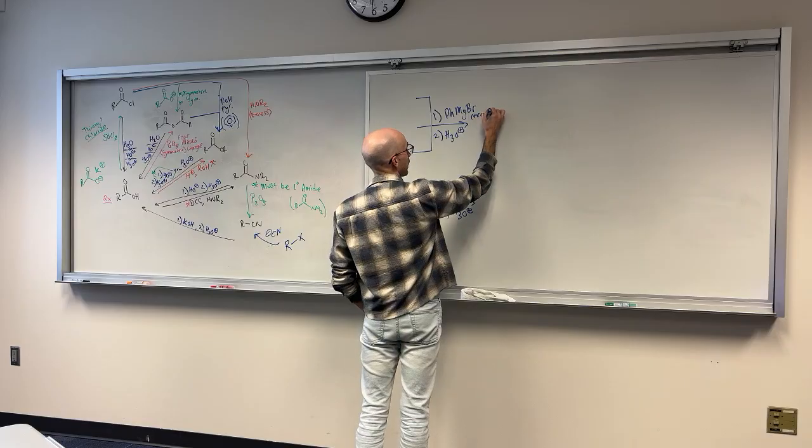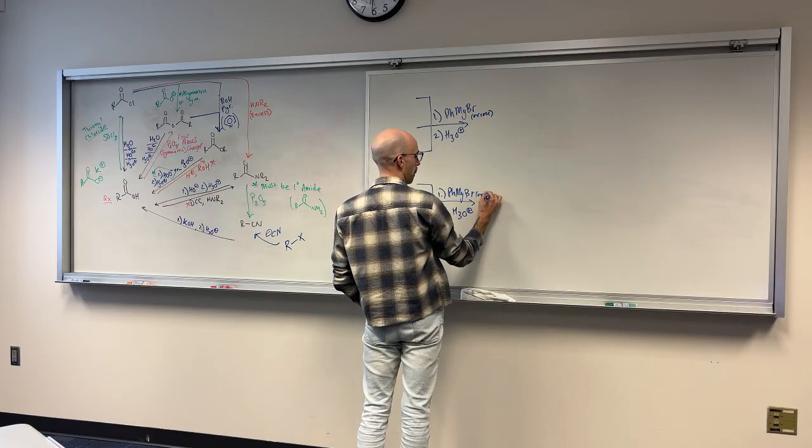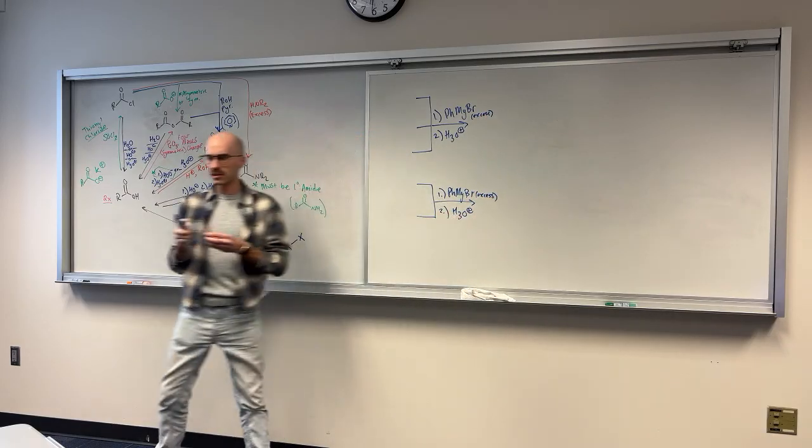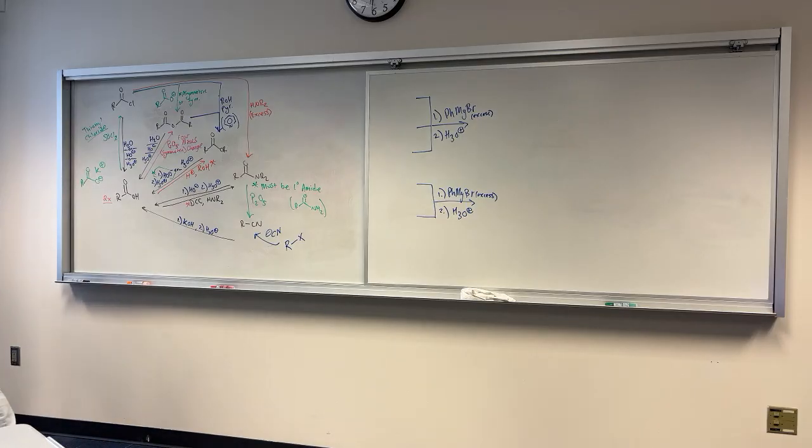And the excess amount is important here. First, it's really hard to control the organometallic to be the limiting reagent. It's easier if you can just make it the excess reagent.